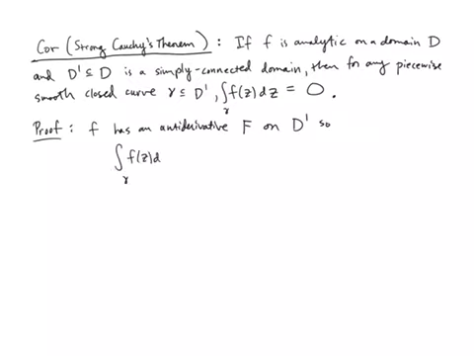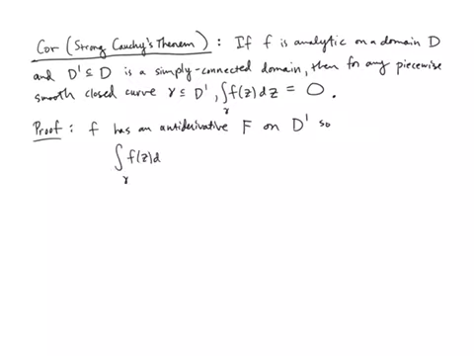So if we take an arbitrary point w in our domain, the basic claim is that we can get a chain of disks like this that travels from z0 to w.